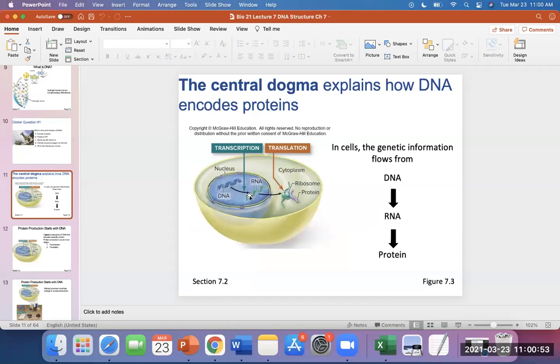Can anybody define the central dogma of biology? There is a question on the exam. Central dogma of biology. It's on the slide that you can see right now.